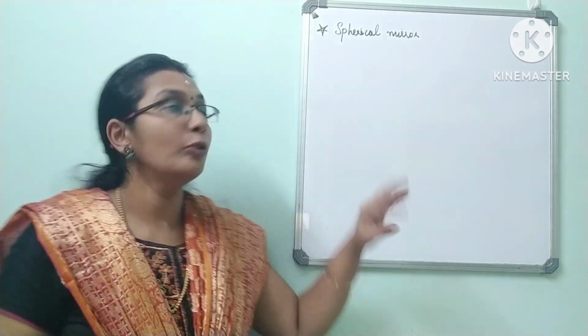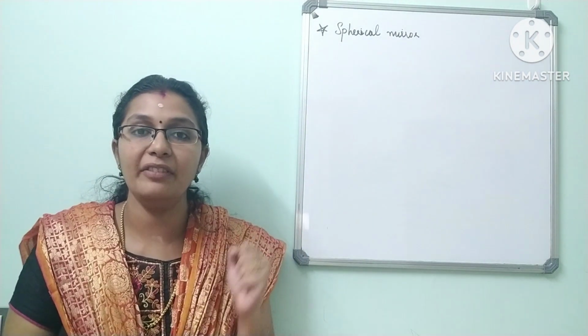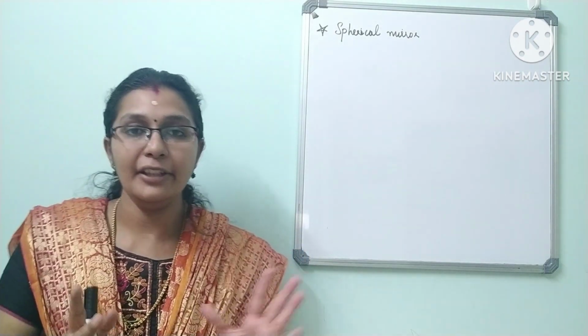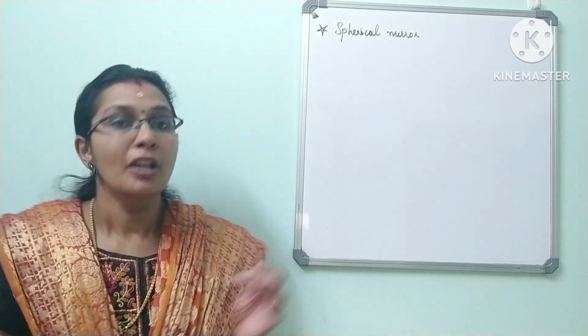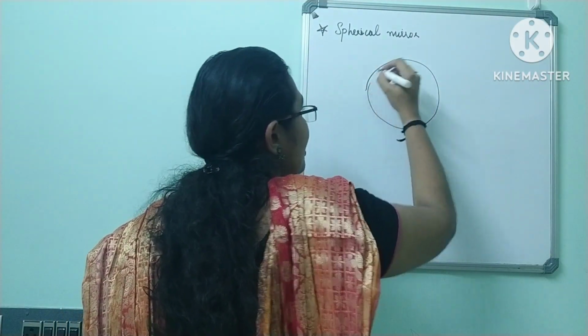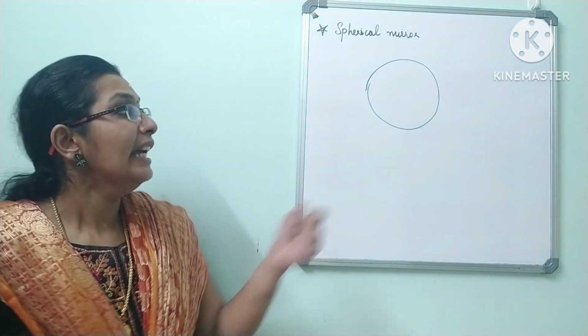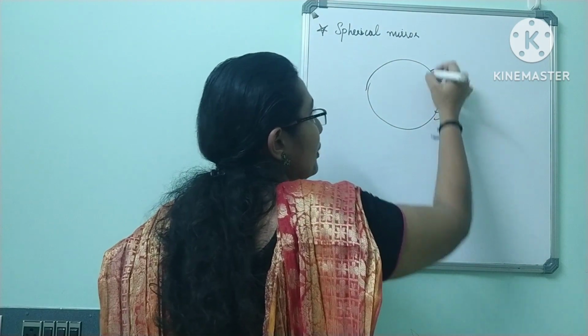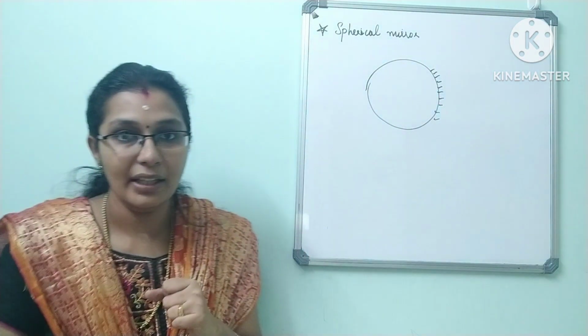So now we'll move on to the next important topic, which is spherical mirror. So what is a spherical mirror? Mirror, you know, one side it is polished. So reflecting surface, okay, this is a sphere. Consider a ball, okay, a glass ball, in which one side is polished. So the other side would obviously be reflecting, right?